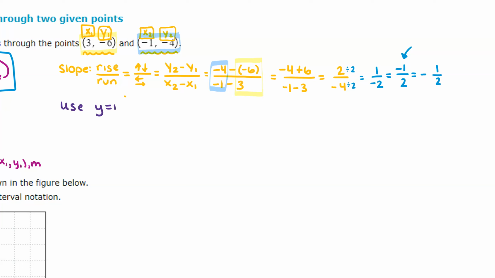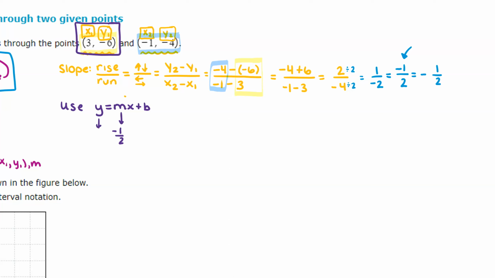y equals mx plus b. So we found our m was -1/2. And then we can pick any one of these pairs, either the yellow pair or the blue pair, as my x and y. I'm going to use this first guy here because it's got less negatives in it. It doesn't actually matter.